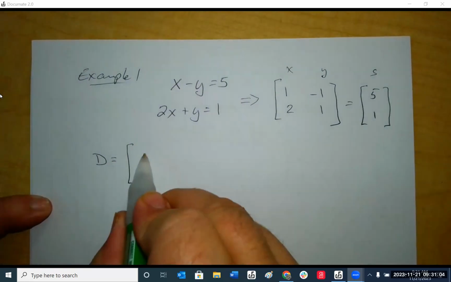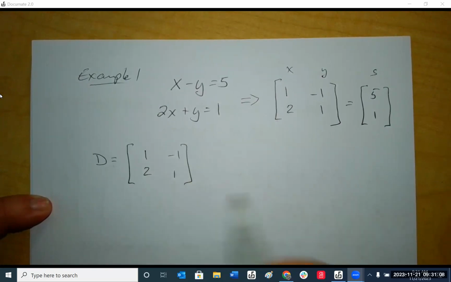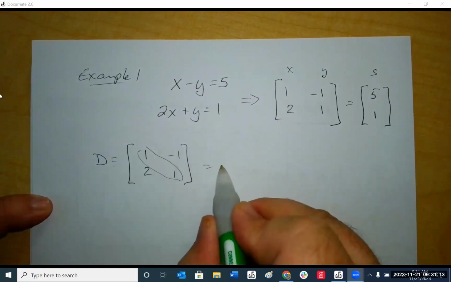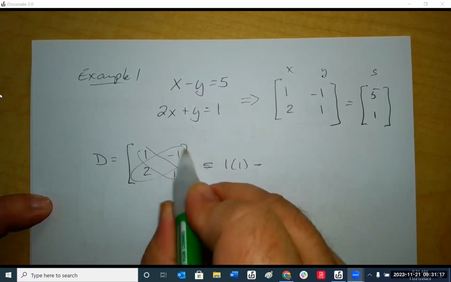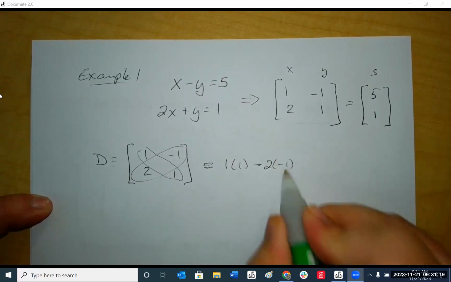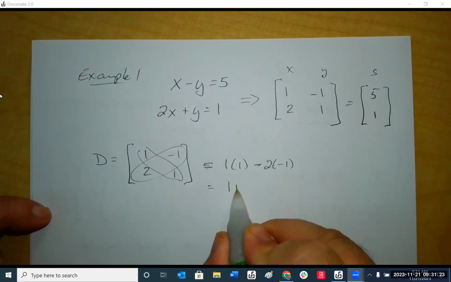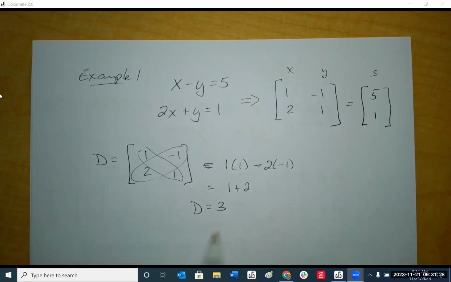So my main determinant, I use the original equation. I use this one. So I have 1 times 1 minus 2 times -1. 1 times 1 is 1, negative. So my D is 3. Now we got to find dx.